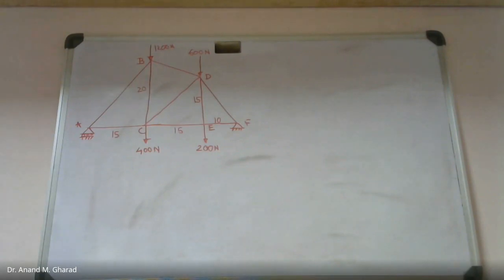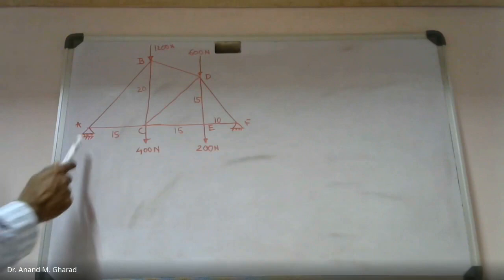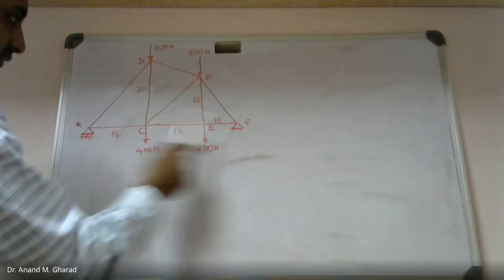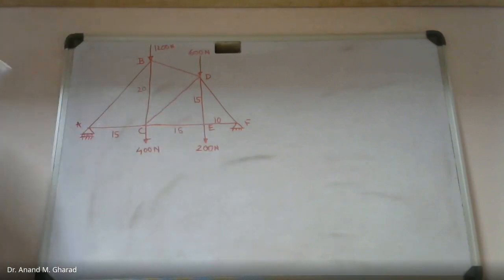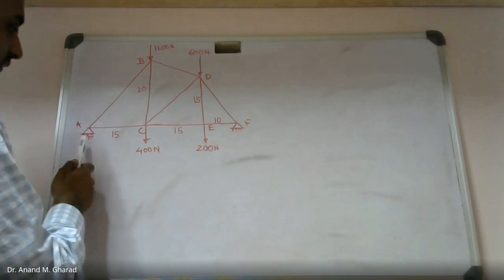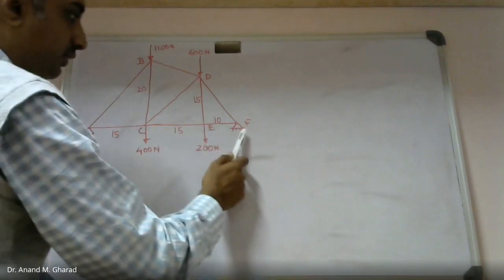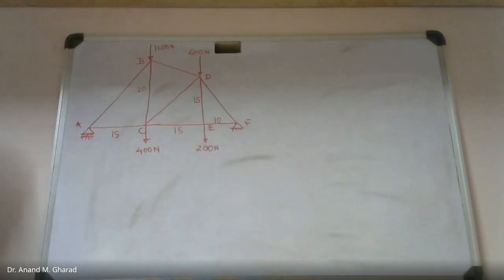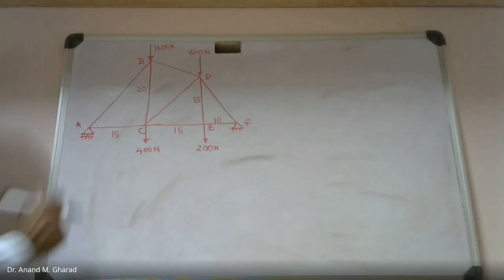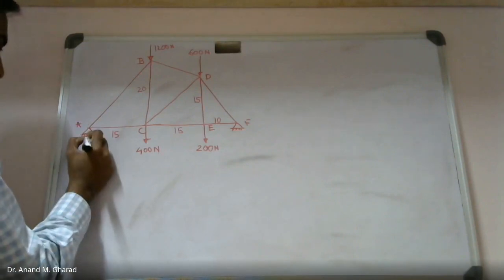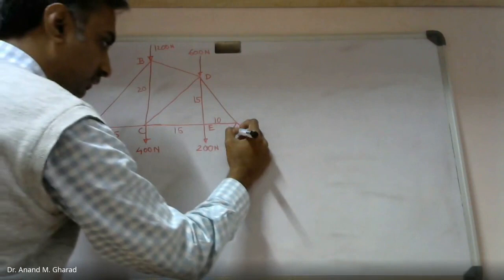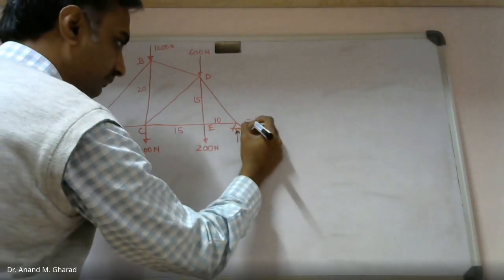How to proceed? First of all, see the boundary condition or the support conditions, and in this it is very easy to identify the reaction forces at points A and F. Why? Because over here there is one unknown, here there are two unknowns. Am I right?